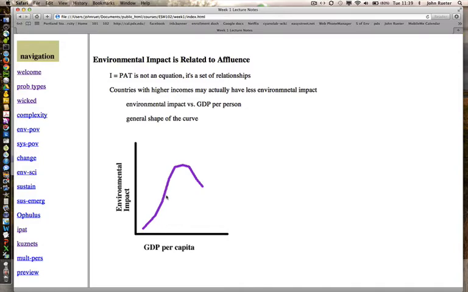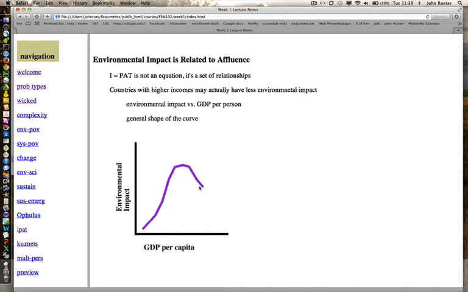More money means more consumption, means more impact. Then you get to a point where the country has enough wealth per capita to mitigate for that damage, and the curve levels off. This could be a case where you have a developed country and they're able to treat sewage and they're able to have pollution control on cars, that sort of thing.